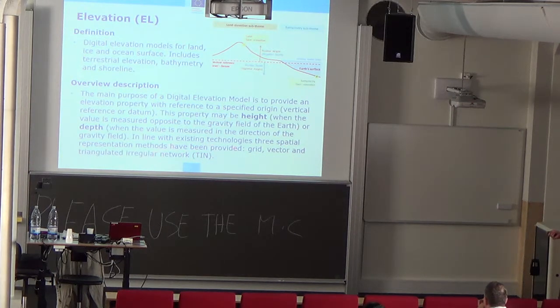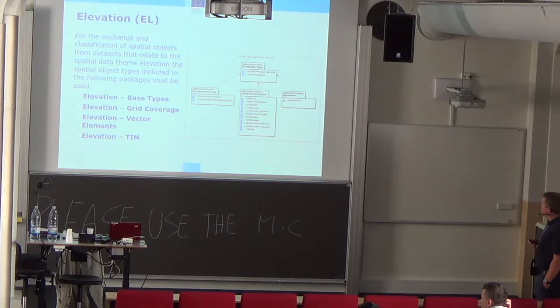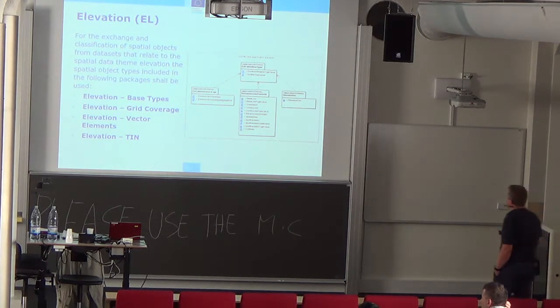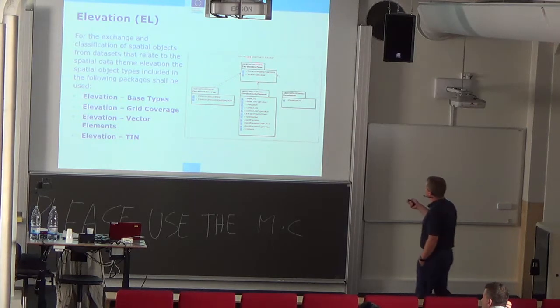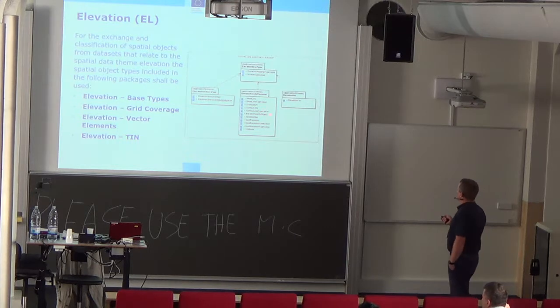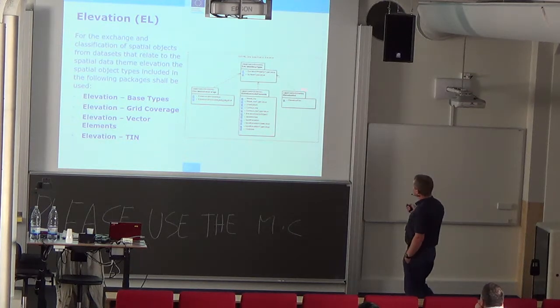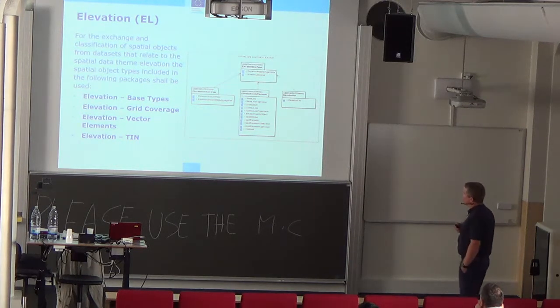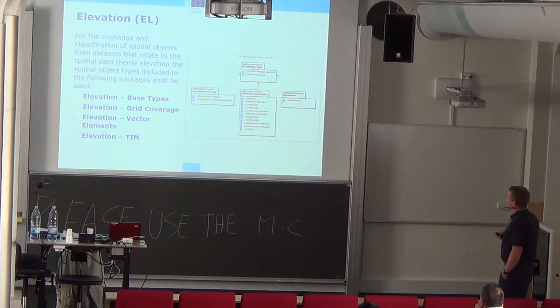And in line with existing technologies, there are three spatial representation methods provided, and these are grid, vector, and TIN, or triangulated irregular network. So you have packages here. We have these elevation base types, and then we have grid coverage, elevation vector elements, and elevation TIN, which can be used to represent the elevation.